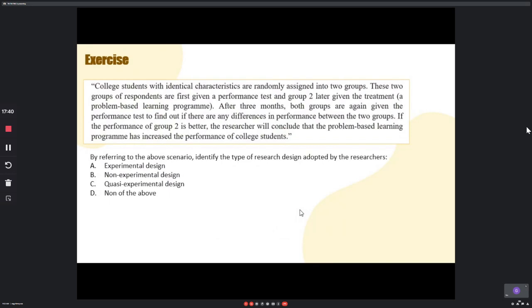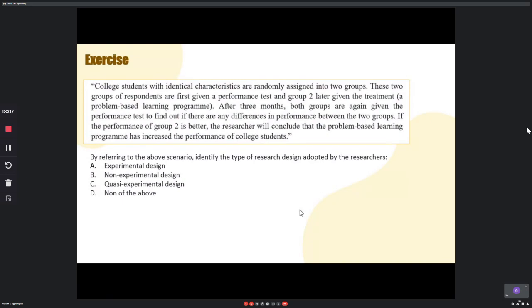Let's take a look at a past year question. So this is how it looks in your midterm test. College students with identical characteristics are randomly assigned into two groups. These two groups of respondents are first given a performance test, and group 2 is later given the treatment, a problem-based learning program.